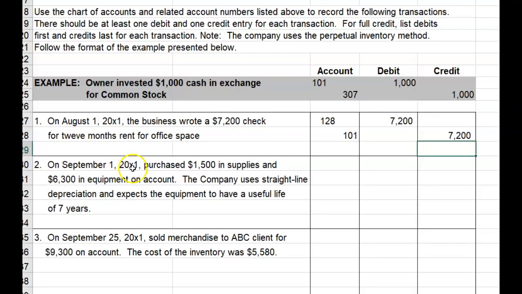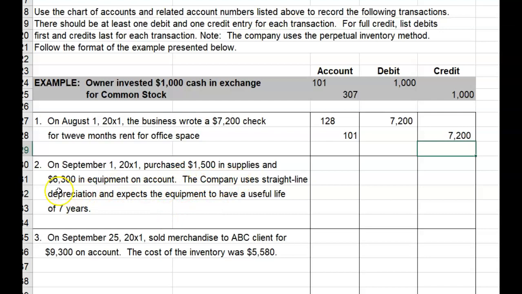On September 1st, 20X1, the company purchased $1,500 in supplies and $6,300 in equipment on account. The company uses the straight-line depreciation method and expects the equipment to have a useful life of 7 years. Well, at September 1st, we're not going to record any depreciation. We're going to wait and record depreciation at the end of an accounting period.